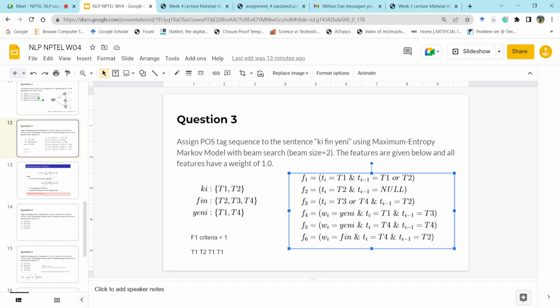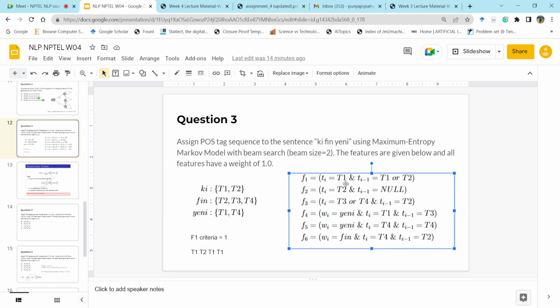In F1, Ti minus 1 should be T1 or T2, so this cannot be satisfied.